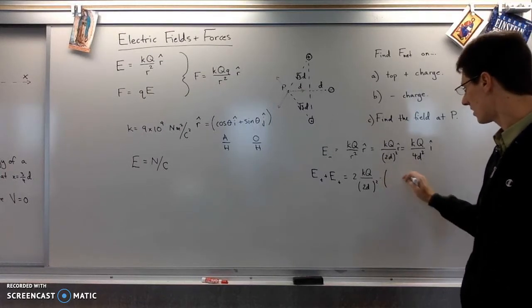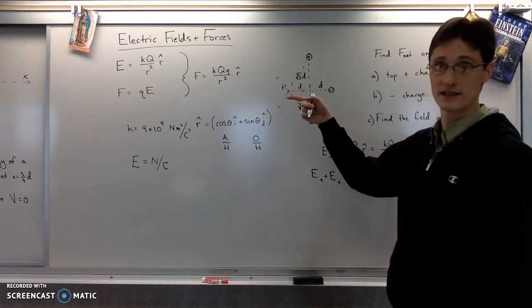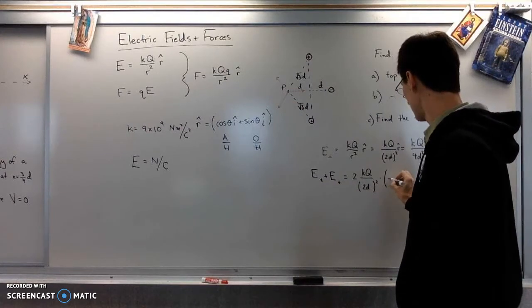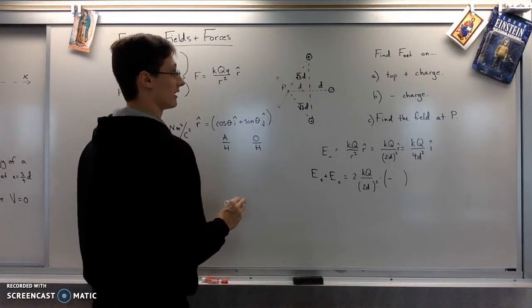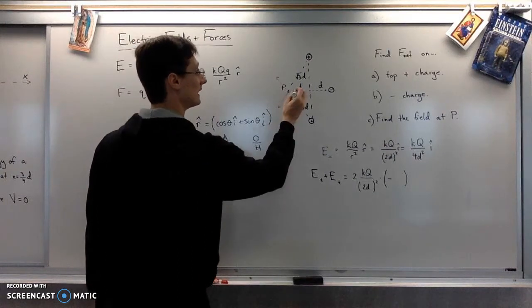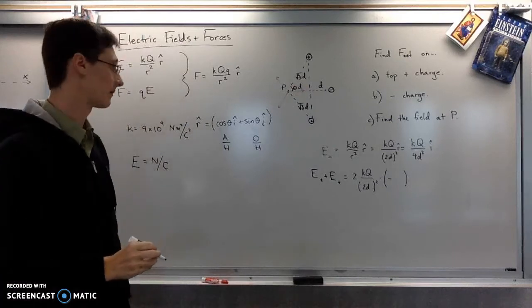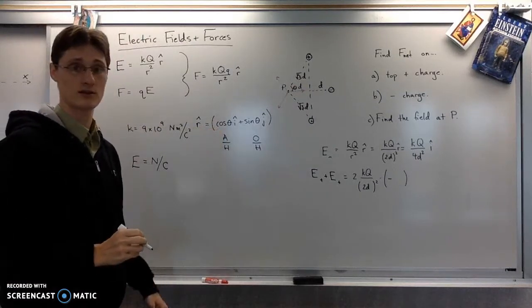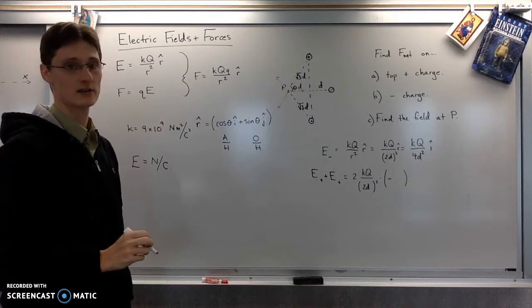All right, next. The r hat is going to be, first of all, in the negative direction for the i component. Second of all, it's going to be based on the angle from the horizontal, if I'm going to say that it's cosine. Okay, so there we are. I picked that angle.